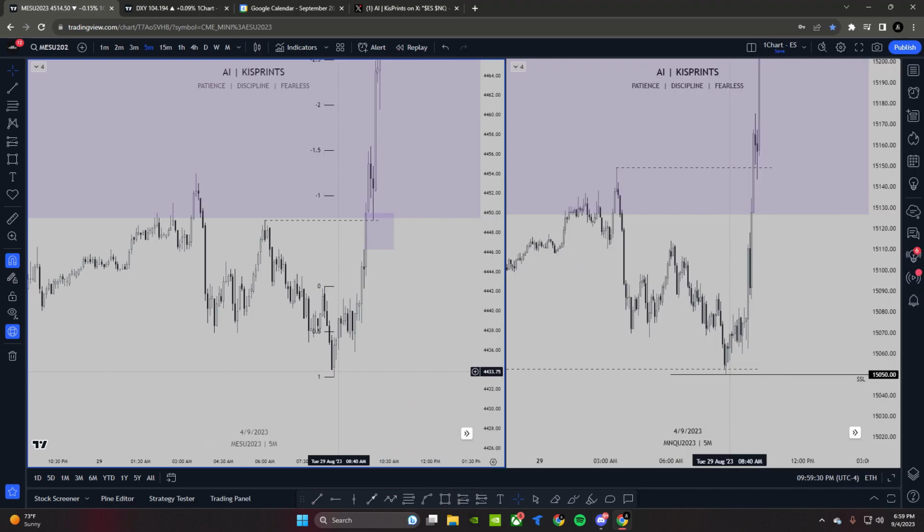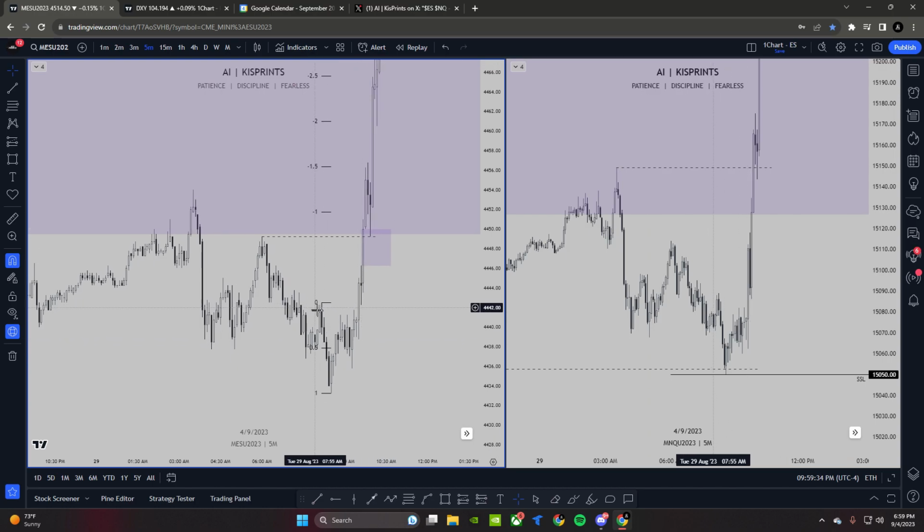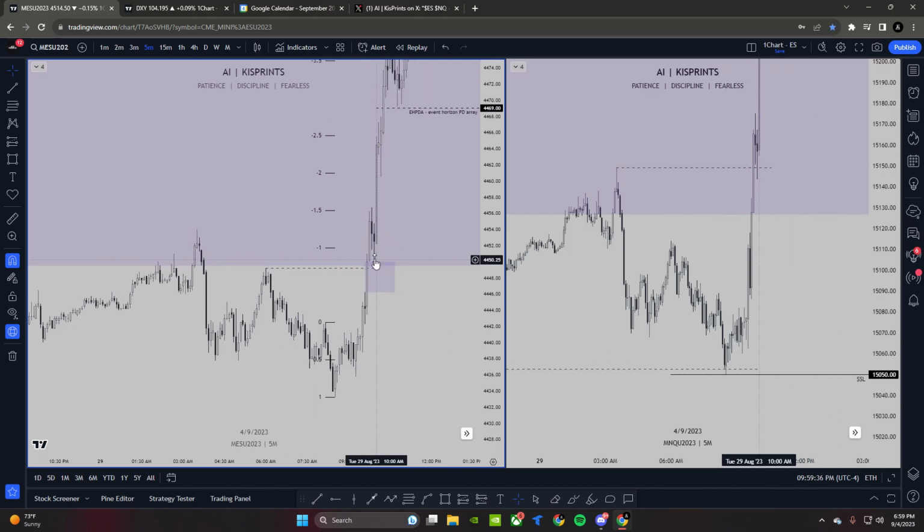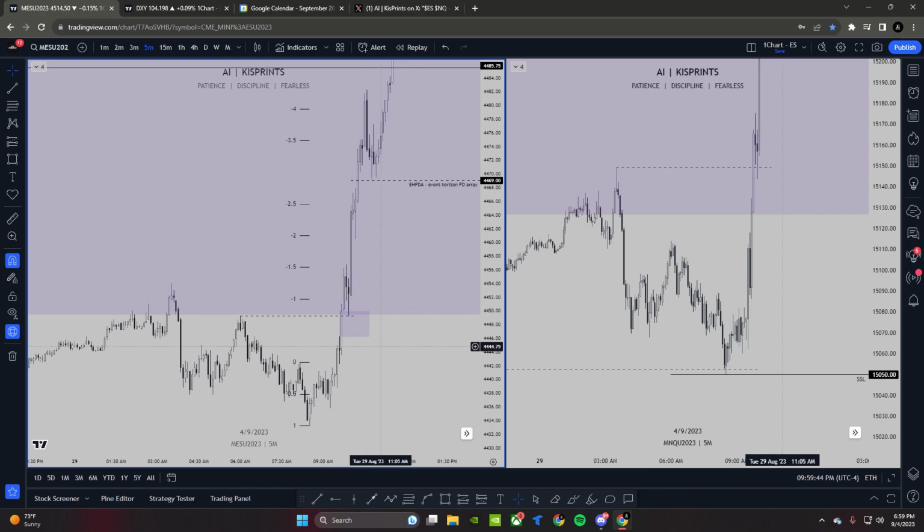So this was the last leg before sweeping liquidity right here. So we can use that as our standard deviations, and we can expect price to come up to the 1 to 1.5. We didn't take a trade until it retraced, and that was our model entry, and that displaced higher there. Eventually, I mean, heading to the 4, but we took full partials here at the 2.